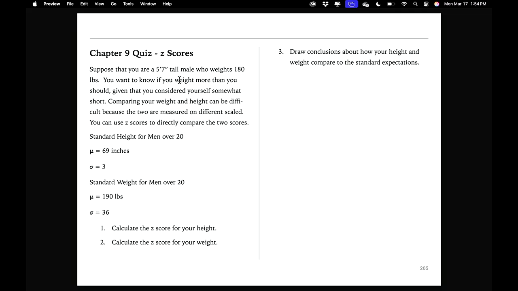You want to know if you weigh more than you should. You are going to calculate your z-score for height and your z-score for weight. You are not going to use your own real height and weight. For the sake of this assignment, you're a 5'7" tall male at 180 pounds.